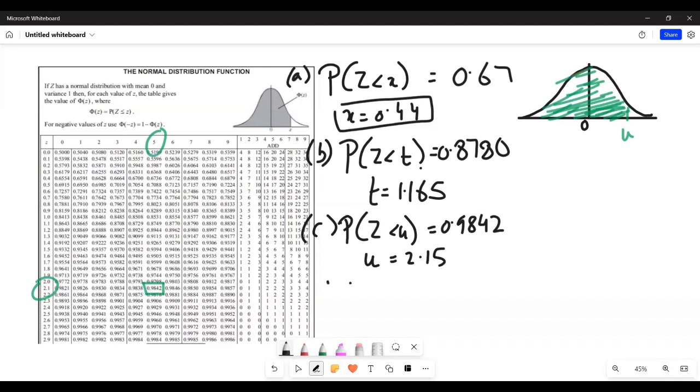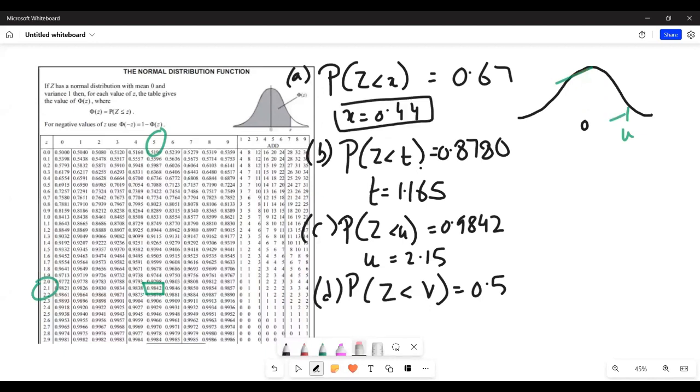Part D is probability Z is less than V equals 0.5. Okay. So 0.5 probability is halfway.